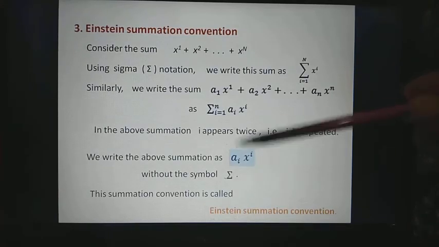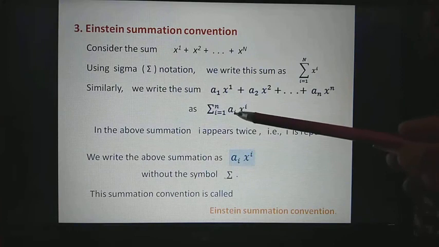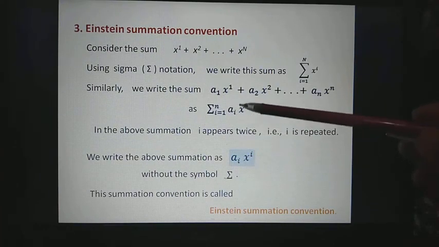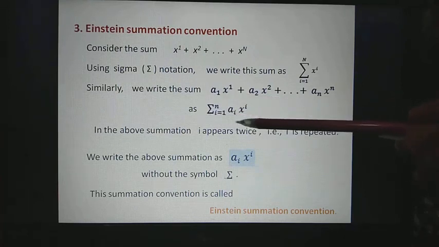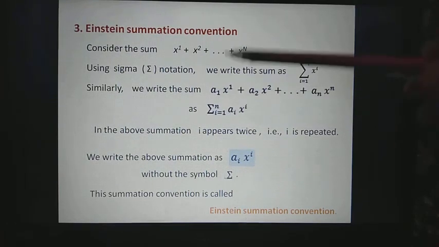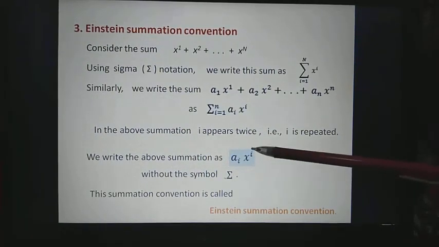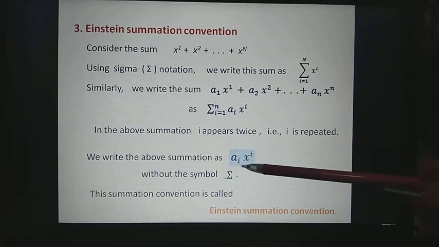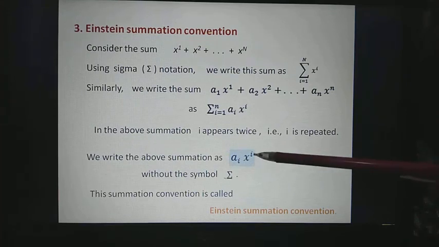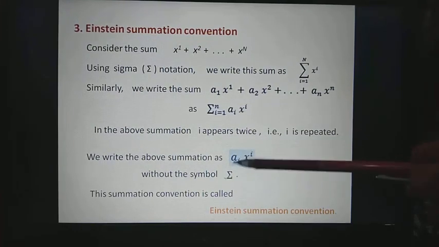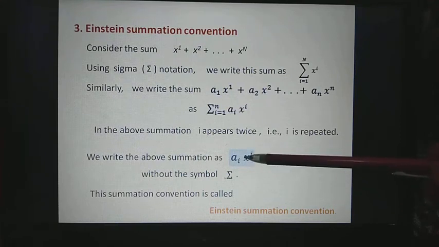Once again, here i is repeated, and therefore this sum can be written without using the symbol sigma, and we write it as ai xi. So whenever some suffix is repeated, that represents the sum implied over that suffix. So this ai xi means the sum ai xi taken over i.